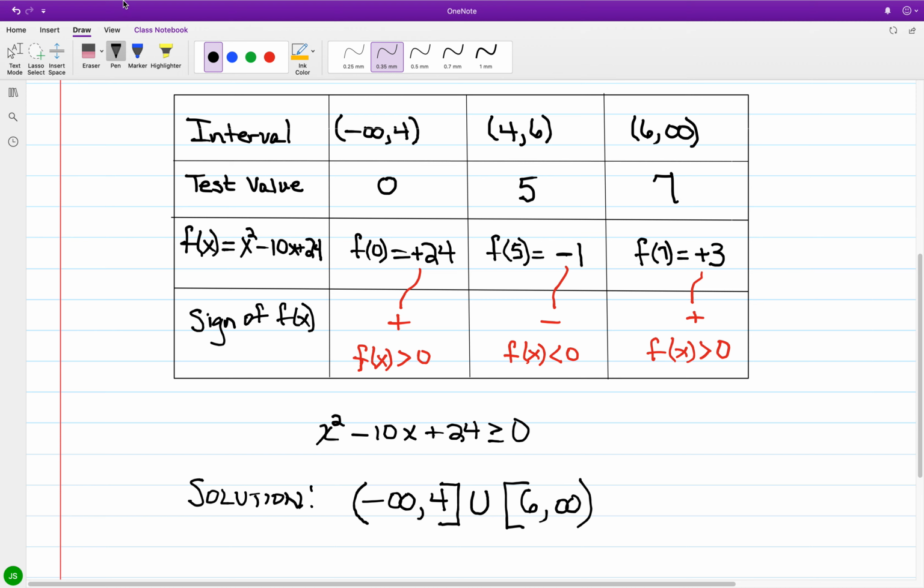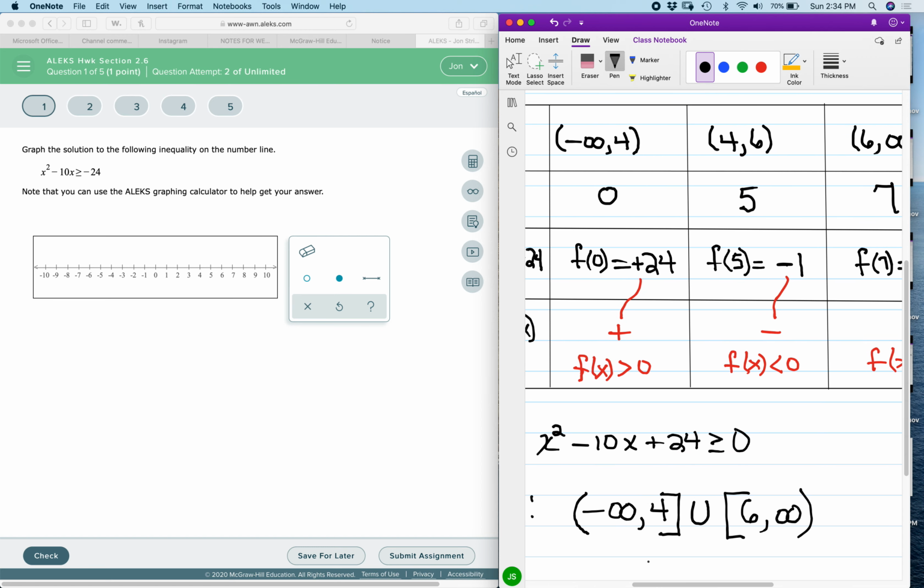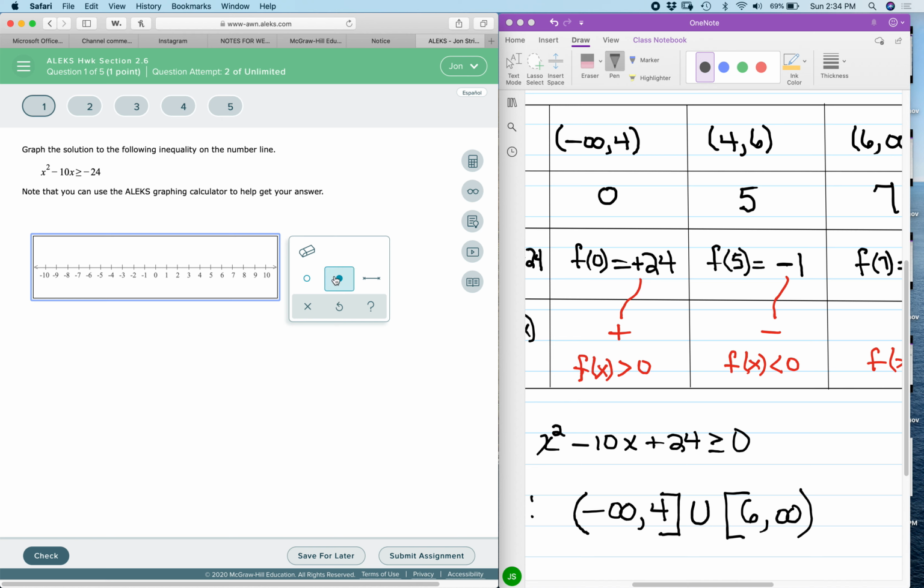In terms of the graph, going from negative infinity approaching and including 4, so 4 is included, and then we go continuously out to the left. Notice you have a value at 6, and then you have a ray that will go continuously out to the right, and then checking.